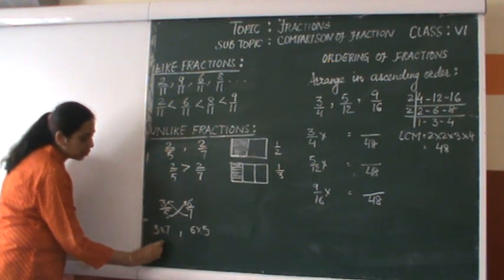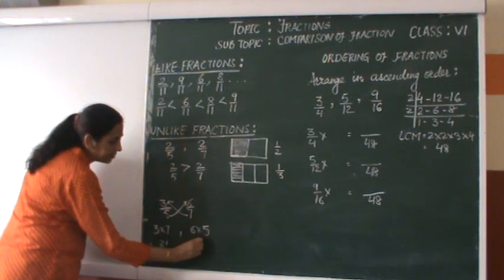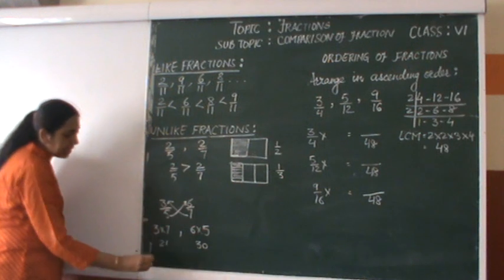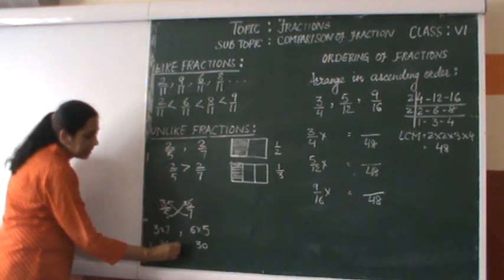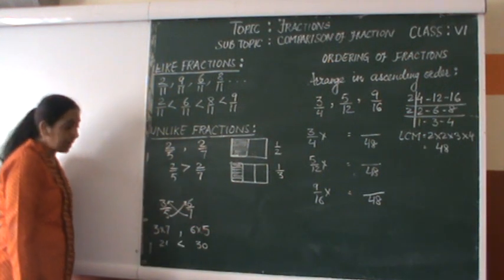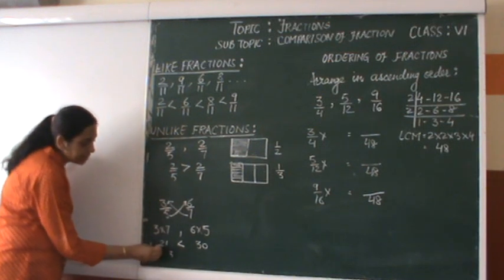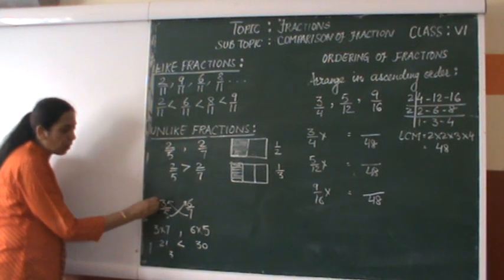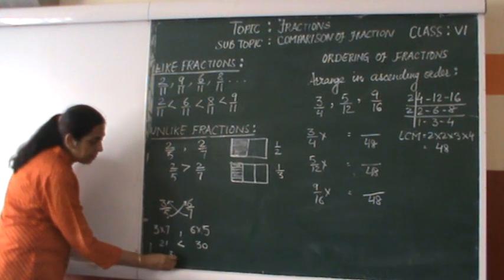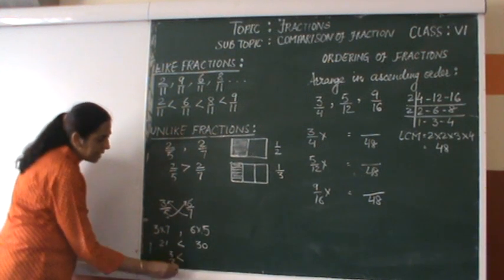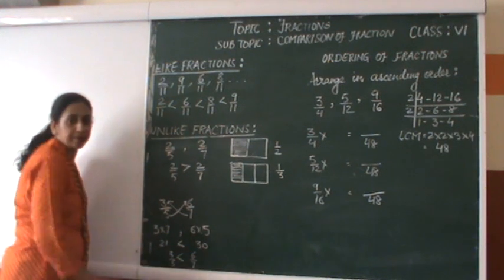Now 3 7s are 21, 6 5s are 30. Now you can see 21 is lesser than 30. It means, because this 21 we got from this fraction, 3 by 5 is lesser than 6 by 7.